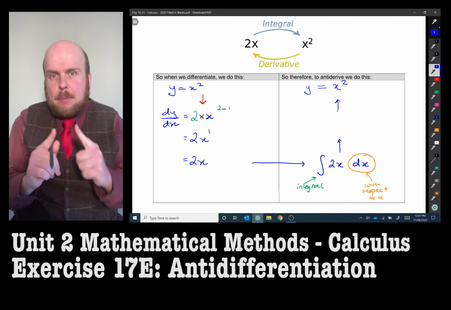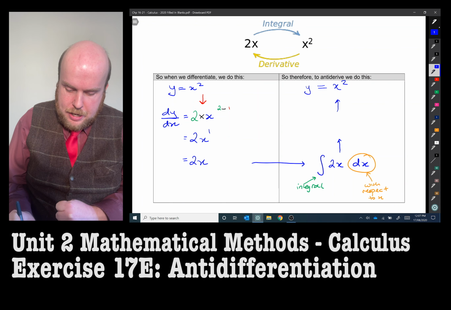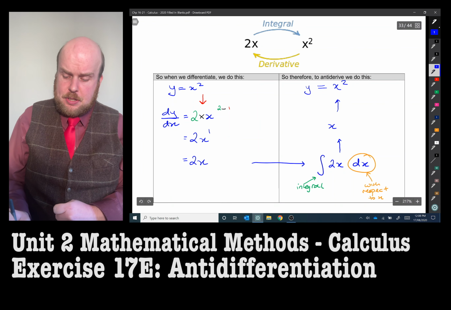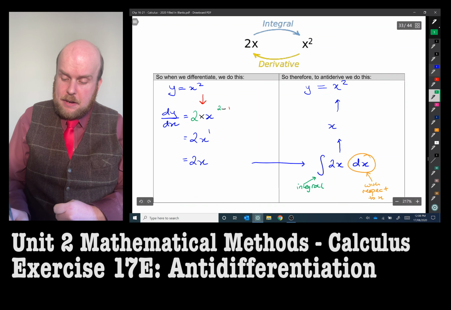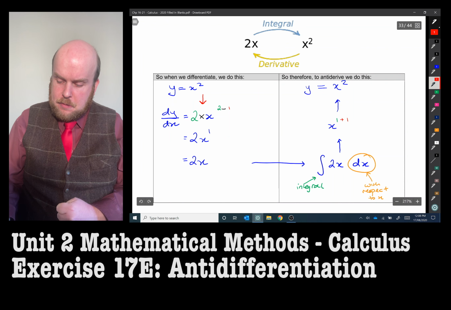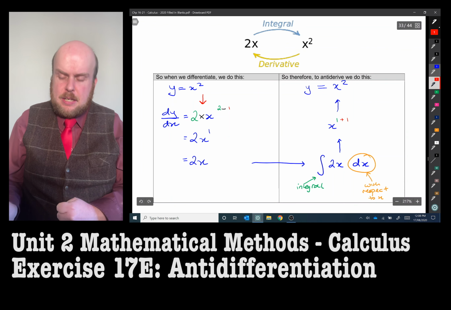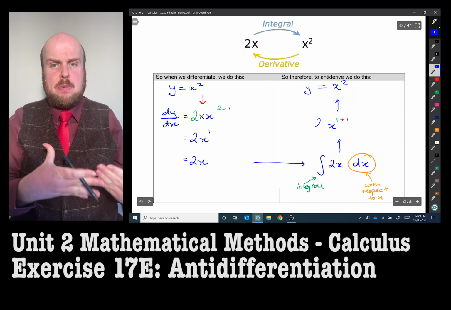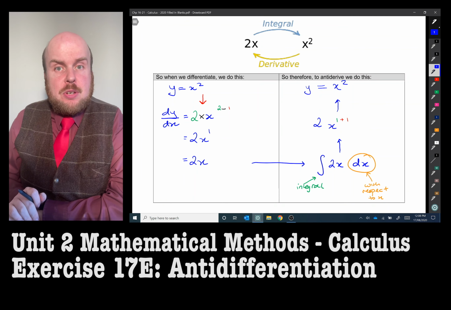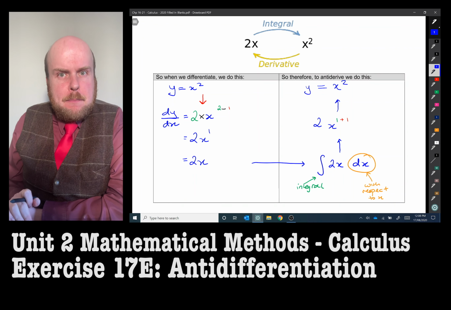So let's start with the power. x would be the same as x to the power of 1. I know I'll have to add 1 to that. And we know we had this 2 at the front. In order to get rid of that 2 at the front, because it's 2x, I would need to divide it. But divide it by what?